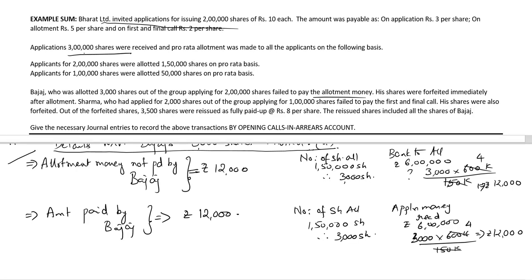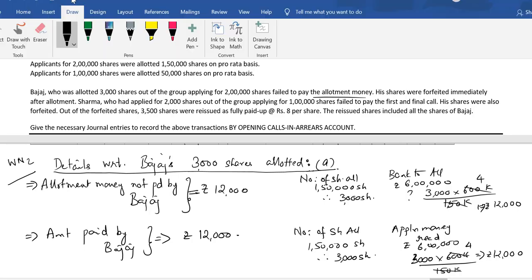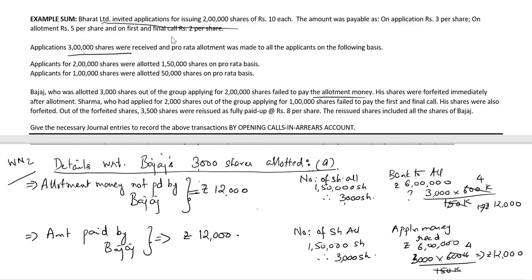So we've completed the second working note, which is details with respect to Bajaj's 3,000 shares allotted. The allotment money not paid by Bajaj is rupees 12,000. And the amount which we have received from Bajaj, that is the amount paid by Bajaj, is also rupees 12,000.